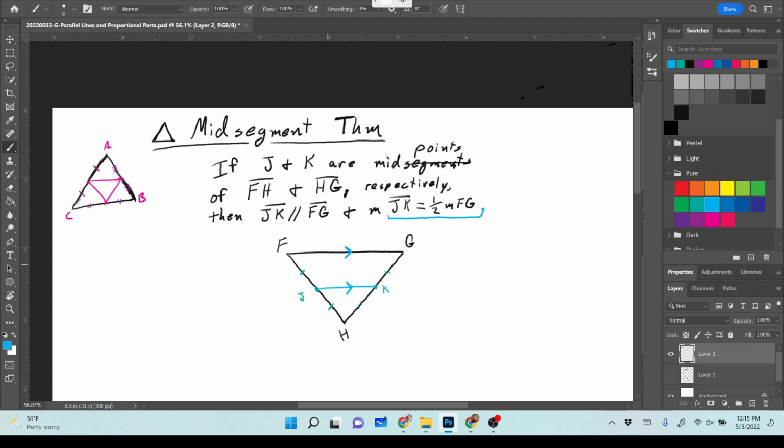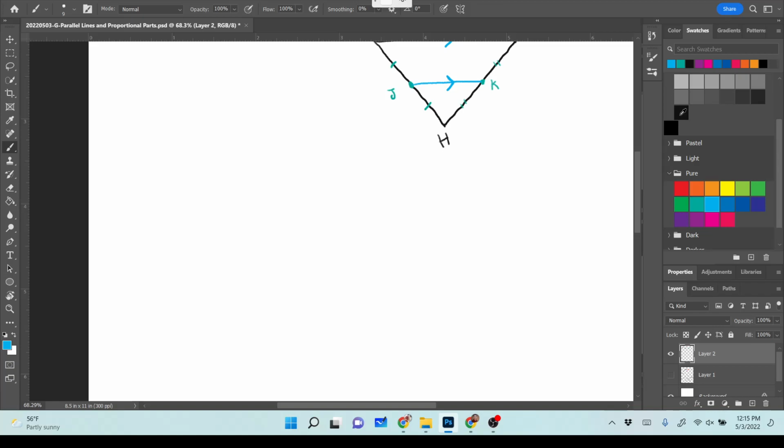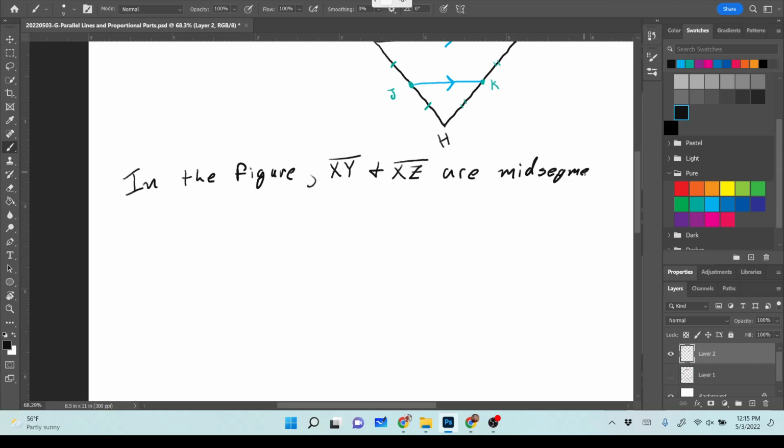Let's see with an example. In the figure, XY and XZ are midsegments, not points. And we're going to find the following measures.